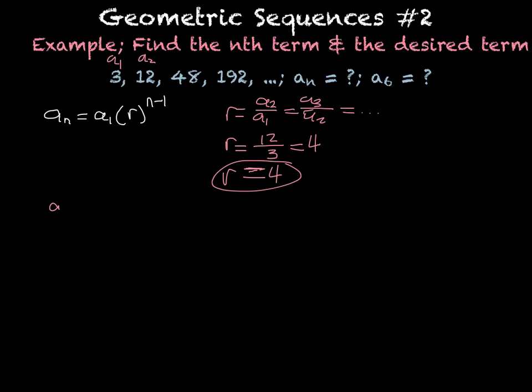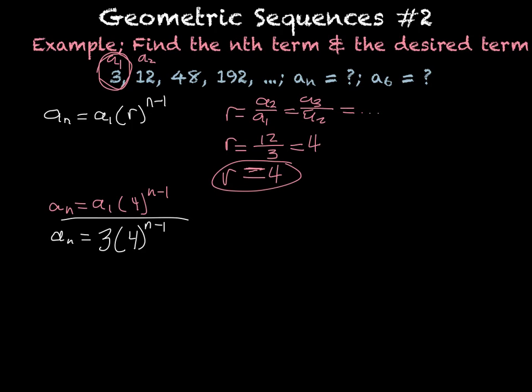So I know a sub n equals my a sub 1 times 4 to the n minus 1. My a sub 1, we already noted what that was, so I'm just going to put that in. So my final nth term, a sub n, is equal to 3 times 4 to the power of n minus 1.